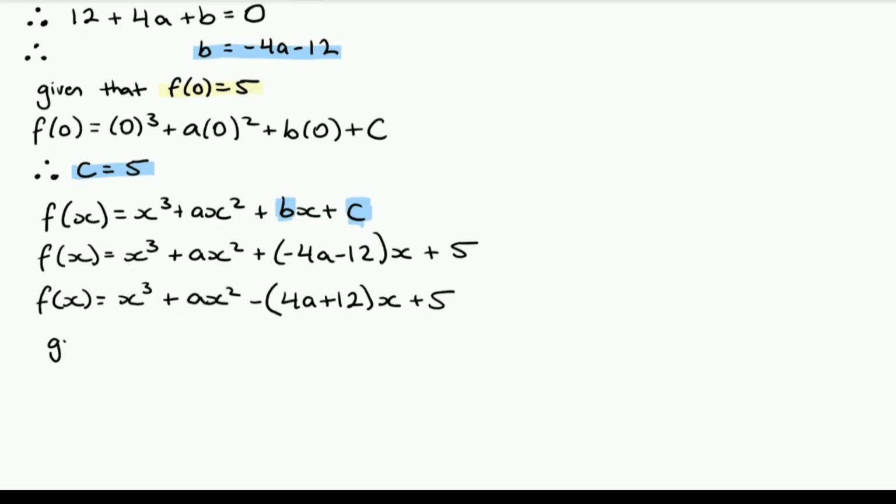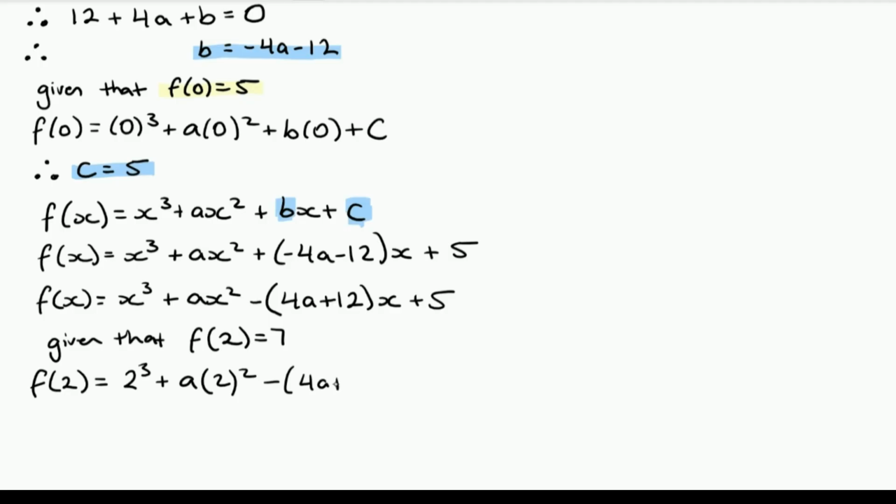So given that my f of 2 is equal to 7, we're going to have f of 2 is equal to 2 cubed plus a times 2 squared, take 4a plus 12 times 2, plus 5.